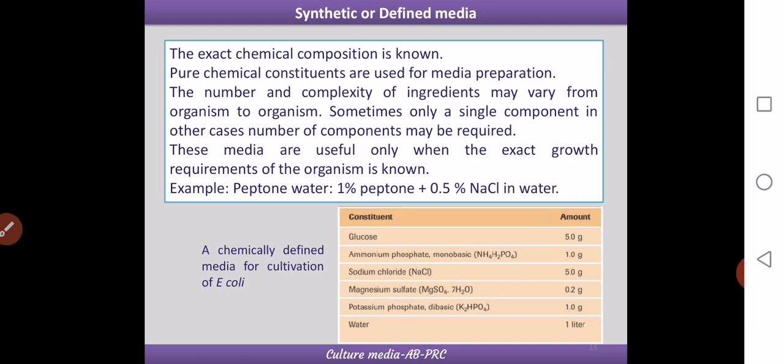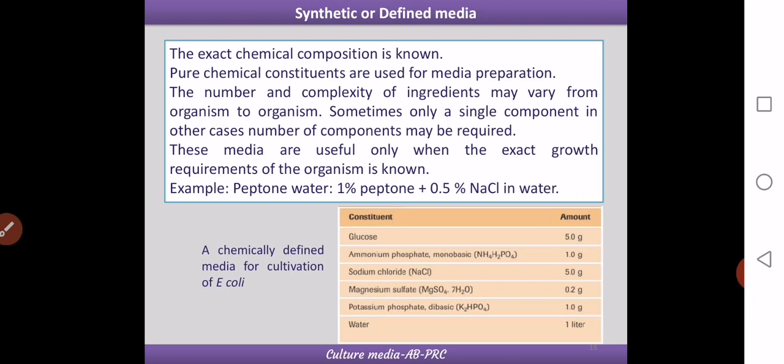The number and the complexity of ingredients may vary from organism to organism and from medium to medium, right? Occasionally there will be certain media which use only a single component, and certain other media which use a number of components. Definitely this will be useful when the exact chemical growth requirements are known for an organism. In that situation, we can choose a defined media rather than a complex media.